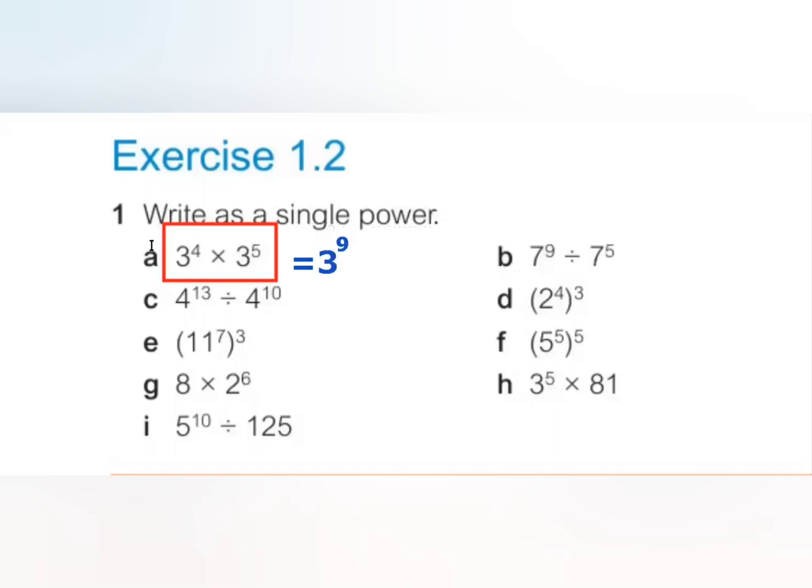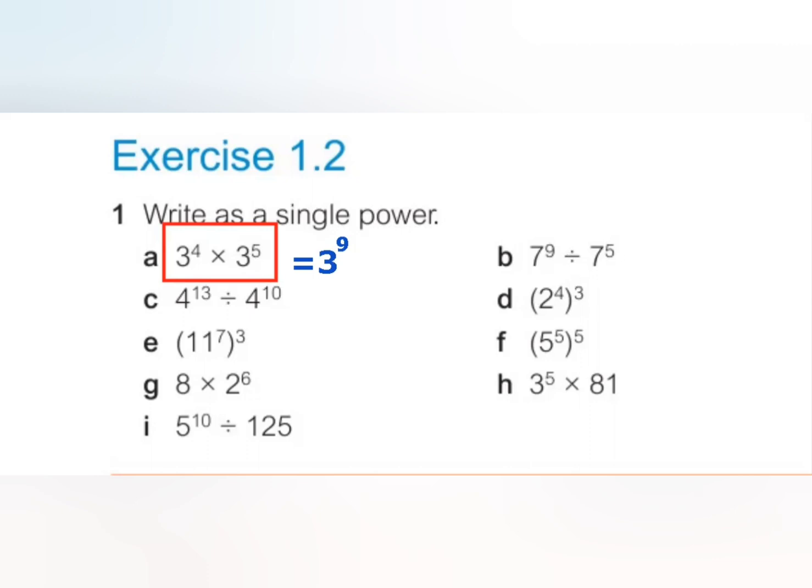How did we do this? Because we're multiplying the same base numbers, it means we have to add the powers. Now, if we are dividing the same base numbers, we're going to take the powers and subtract them. For example, 7 power of 9 divides 7 power of 5.